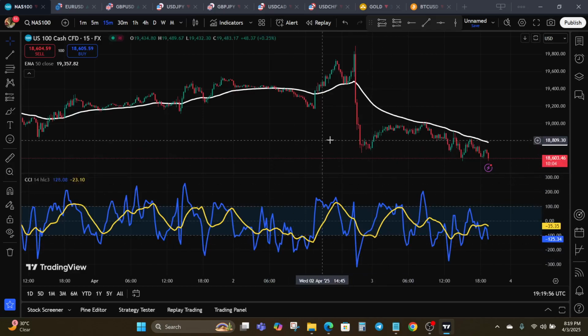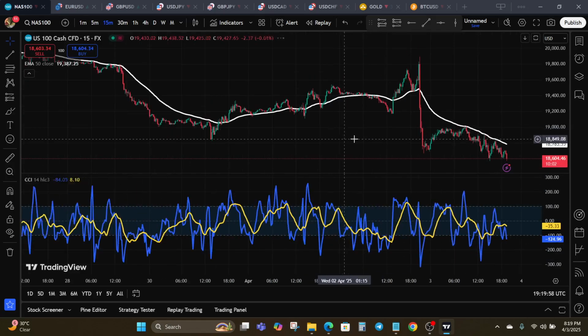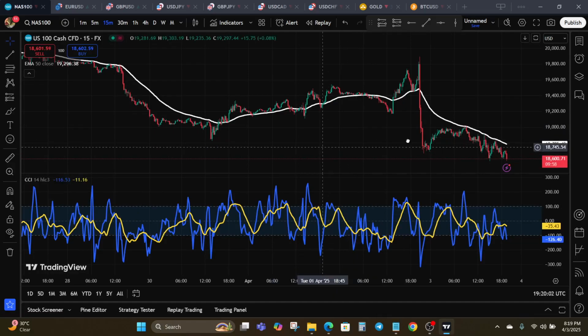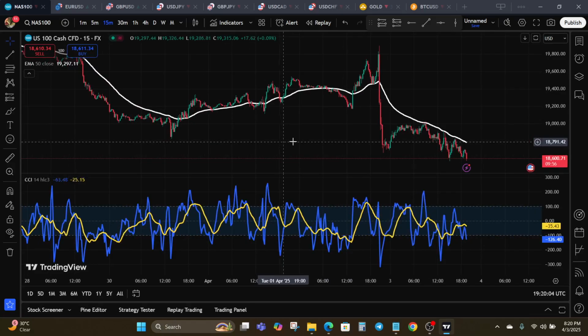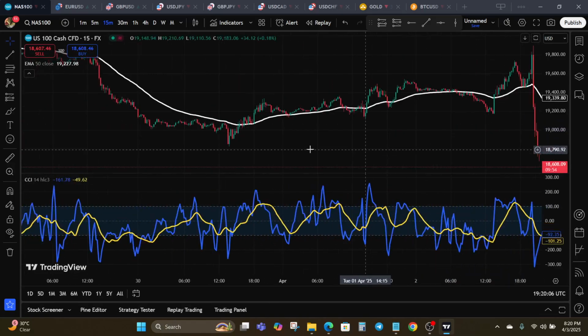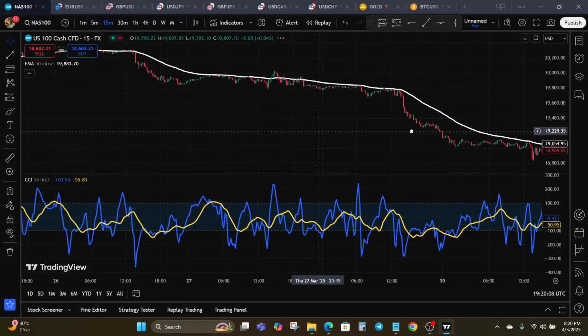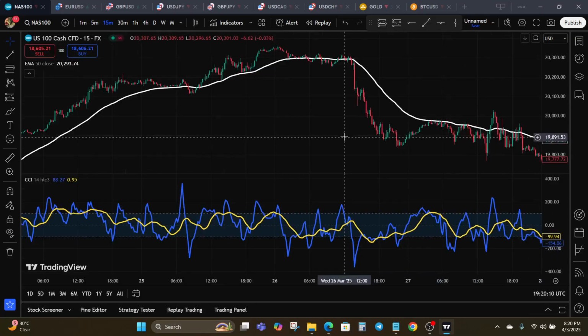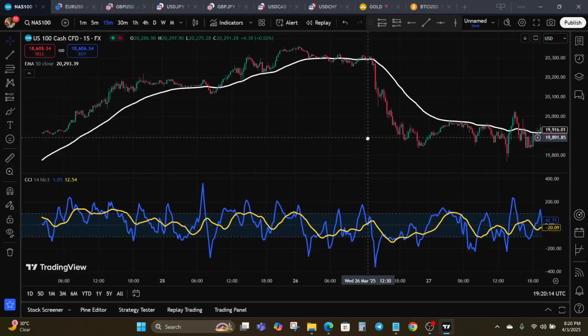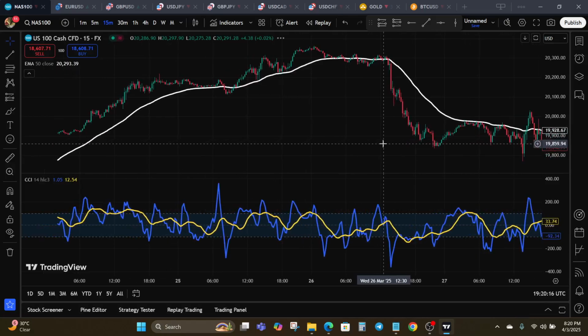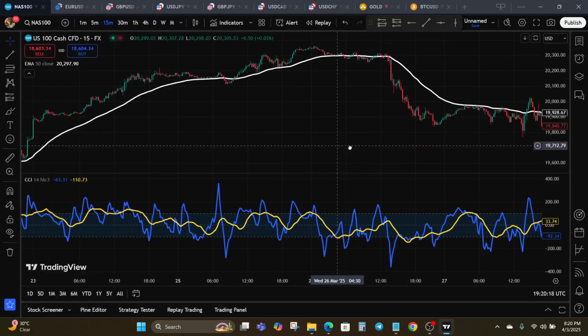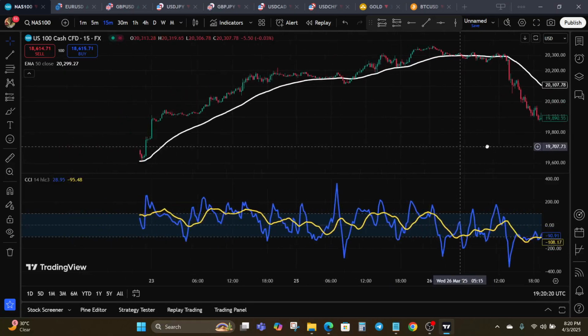The next step is to spot entry signals. So for trend following entries, when the CCI crosses above plus 100, or below minus 100, and price is above or below the EMA, it is a strong trend signal.